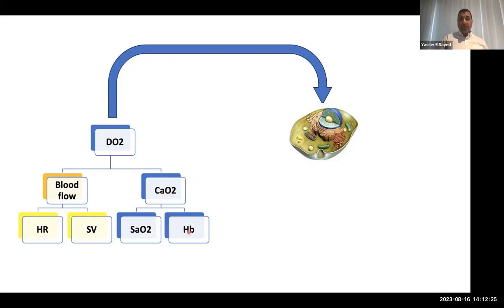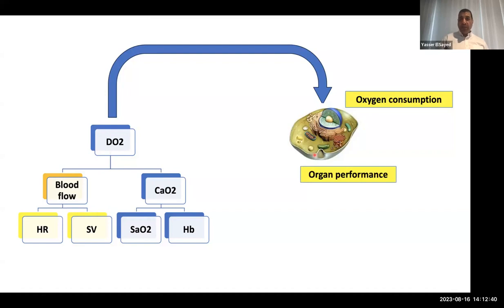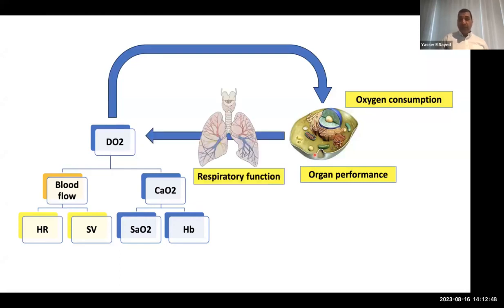Oxygen content includes hemoglobin and oxygen saturation. And the oxygen delivery should be enough to maintain aerobic metabolism. We can actually get an idea about the function of the tissues by measuring the oxygen consumption, and then evaluate the organ performance by different techniques, including point-of-care ultrasound, for example, and perfusion at the end organ.